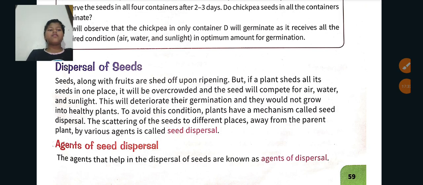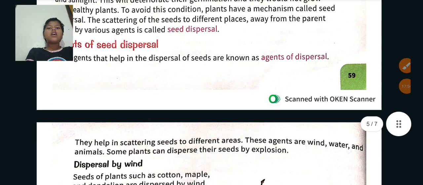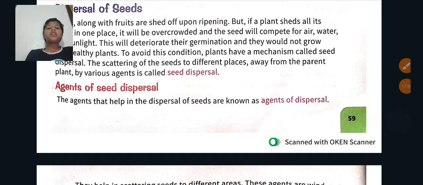So there is a special mechanism in plants known as seed dispersal, which helps them to grow properly and move away from the parent plant so that they get different places and do not compete for air, water and all of these essential things.